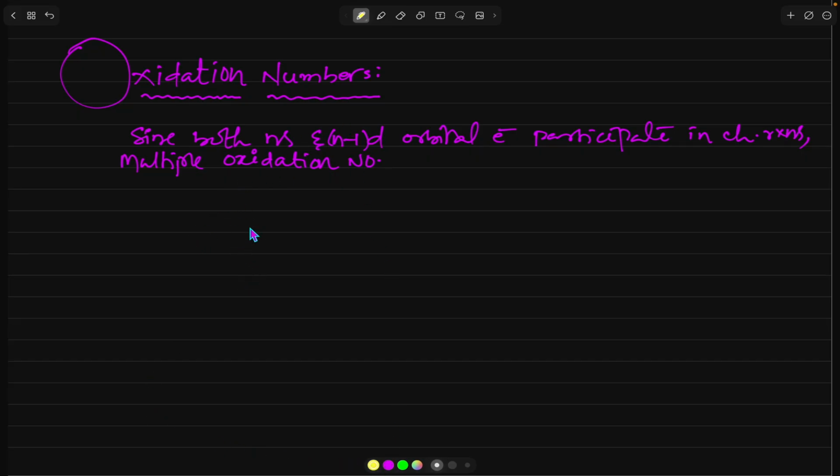So let us take down the elements here: scandium, titanium, vanadium, chromium, manganese, iron, cobalt, nickel, copper, zinc.